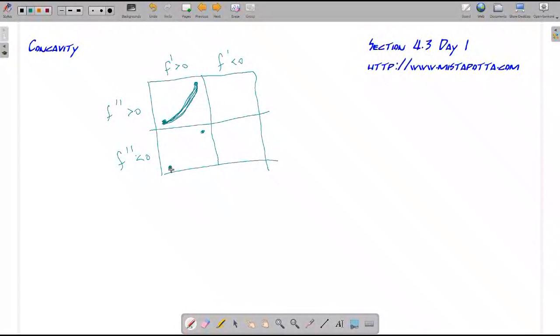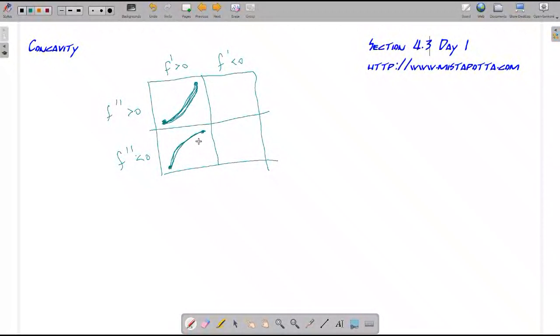If, however, my slope was positive, but my slopes are getting smaller, that means that they're really getting less steep, and so I've got this shape which is opening downwards.